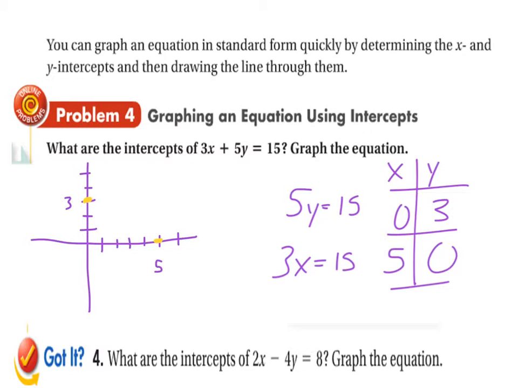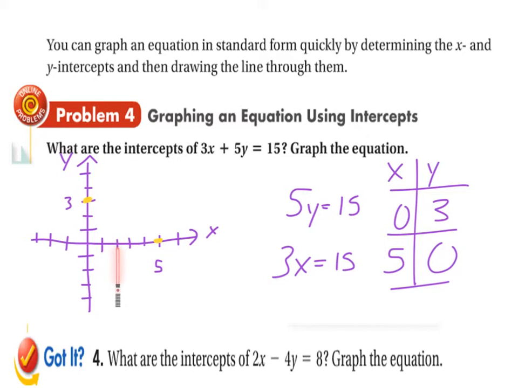So again, when you do a graph, you need your axes. Now I should have arrows here, and I should label my x-axis and my y-axis. I should include a scale over here and down here, even though I'm not really using it. So you should label your axes. You should always include marks to show where your marks are.